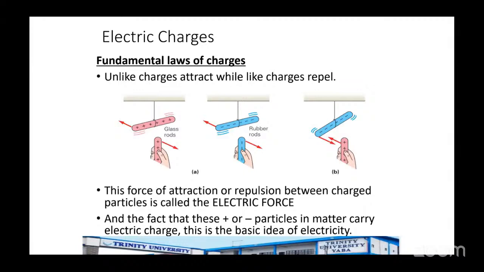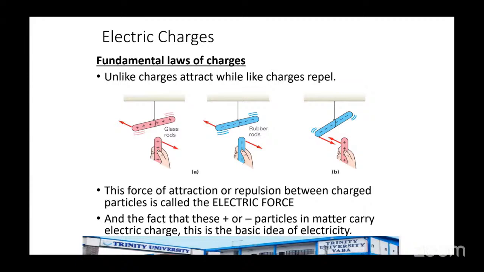So, fundamental laws of charges: unlike charges attract, while like charges repel. Look at the diagram on the left with red and at the center with blue. The ones in red are both positively charged, and the ones in blue at the center are both negatively charged. Because they have the same charge, they repel, they move away from each other.